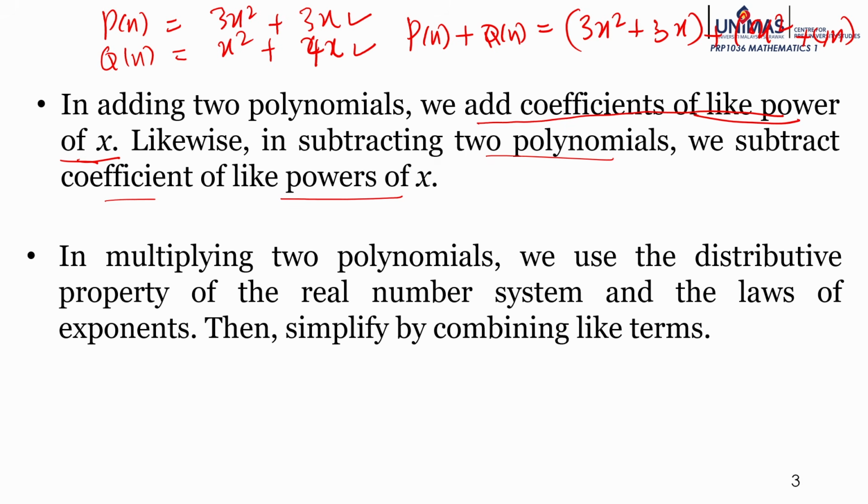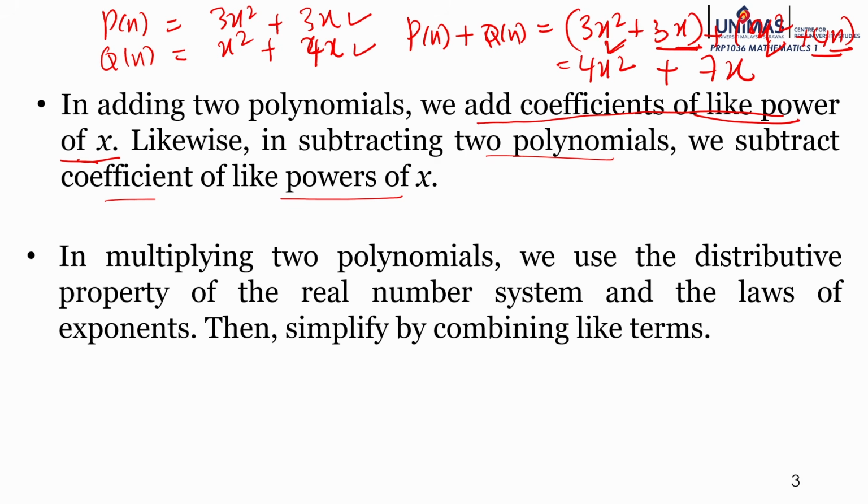Like powers means x squared must go with x squared. So 3x squared plus x squared gives 4x squared. And then 3x plus 4x gives 7x. This is how to answer the addition.